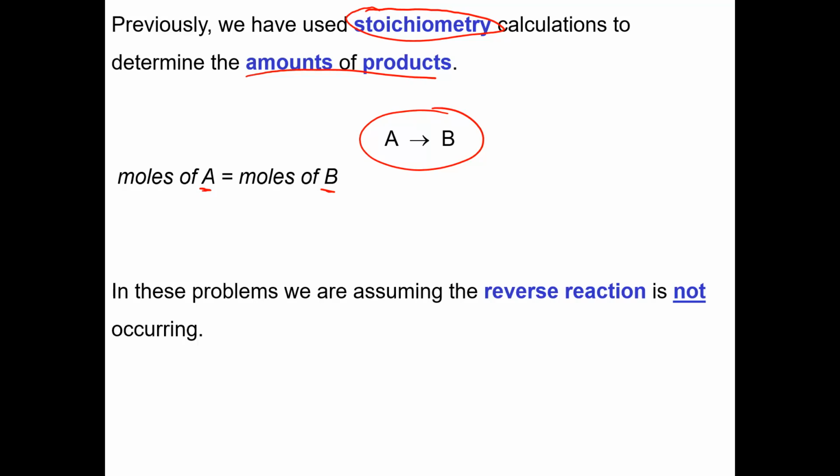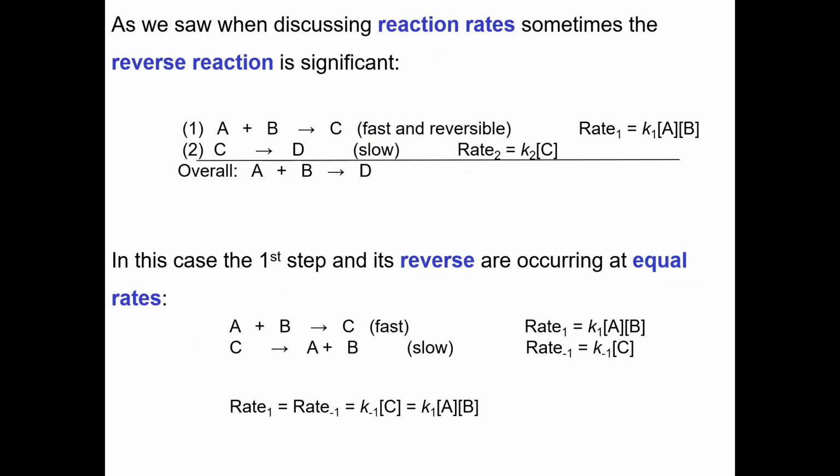Now, when we were doing these simple stoichiometry calculations in the past, we were assuming that the reverse reaction is not occurring at all. As we saw in chapter 12 when we were discussing reaction mechanisms, sometimes the reverse reaction is significant. For example, if we have a reaction mechanism where the first step is fast and the second step is slow, then the products from the first step will build up, and that will cause an increase in the rate of the reverse reaction for step 1.